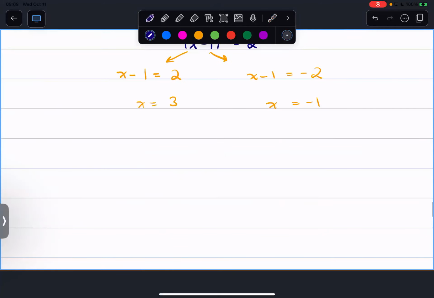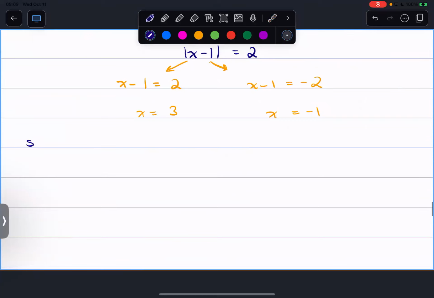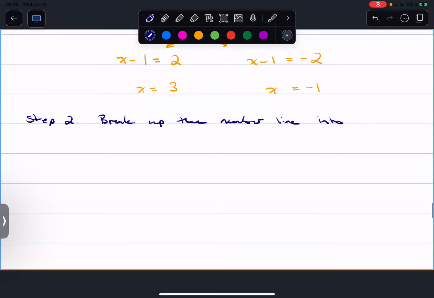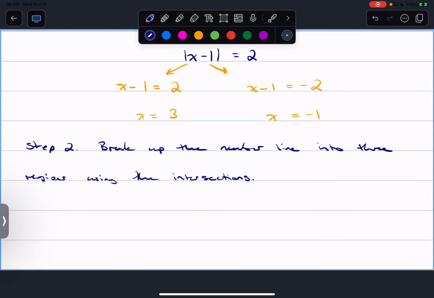And so step number 2 is break up the number line into 3 regions using the intersections. It's more interesting if there are intersections.